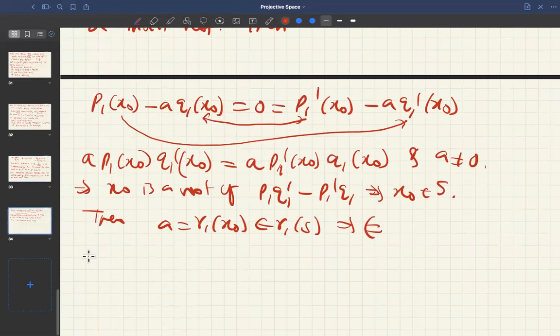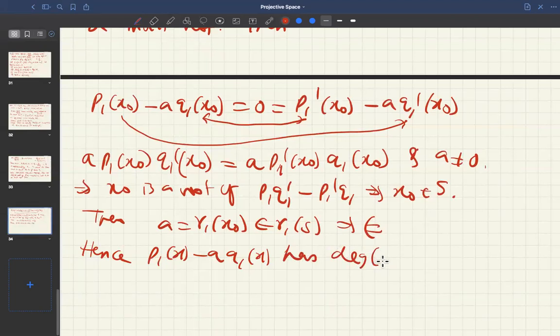So hence p1x minus a q1x has degree of phi distinct roots. Okay, so far we have got this.